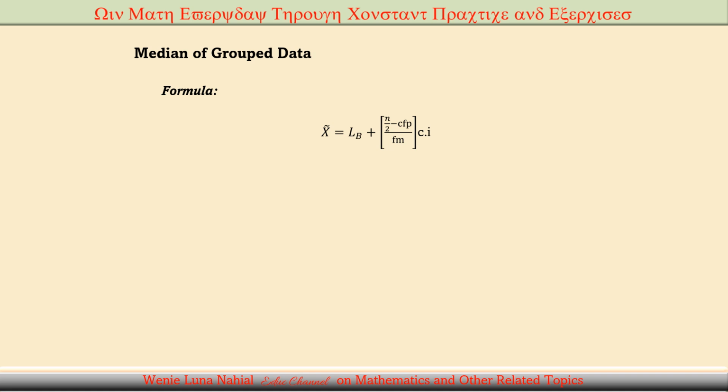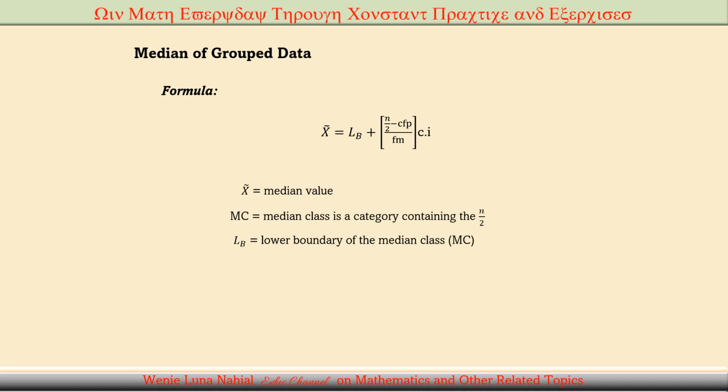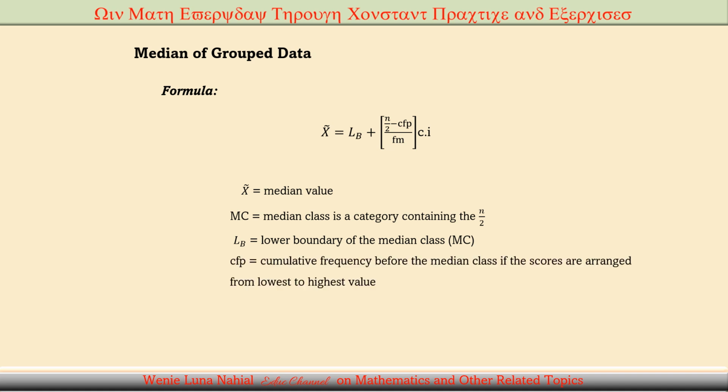The median value equals LB, that is the lower boundary, plus the bracket n over 2 minus CFP over FM, times CI, where the symbol is the median value; MC, the median class, is the category containing the n over 2; LB is the lower boundary of the median class; CFP is the cumulative frequency before the median class, if the scores are arranged from lowest to highest value; FM is the frequency of the median class; and CI is the size of the class interval.